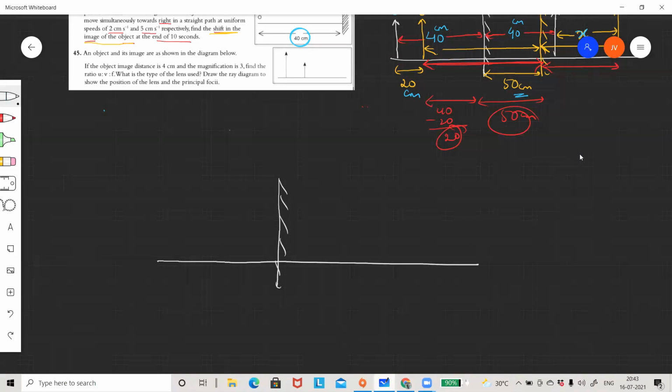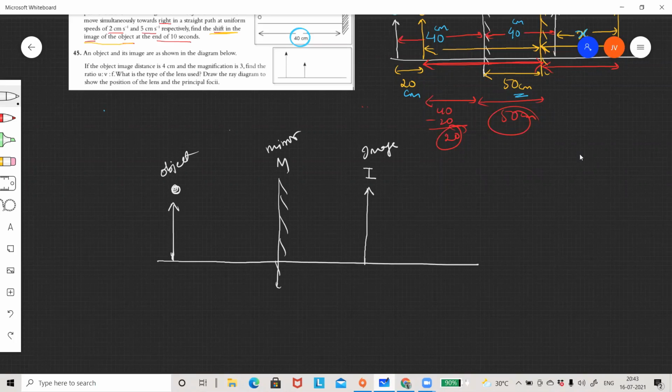There is a mirror M. There is an object O. Object's image is formed in the mirror. Okay, and in the mirror means we show diagrammatically to the right side. So this is the image. So you understand this is the object, this is the mirror, and this is the image.